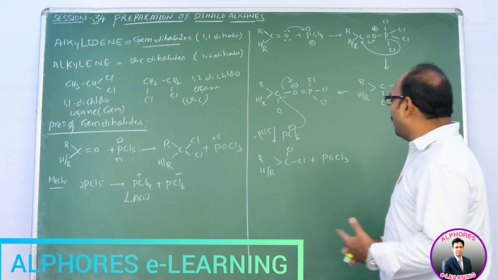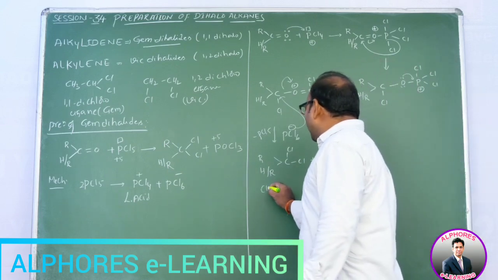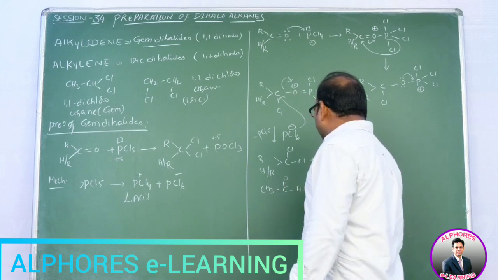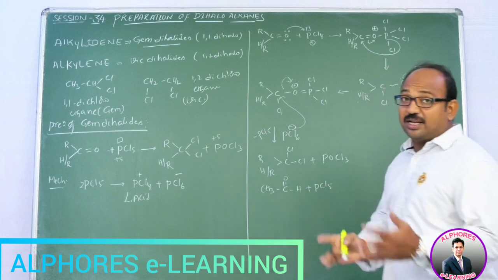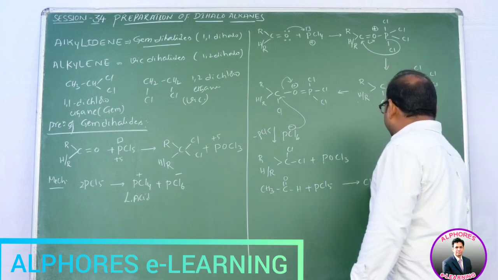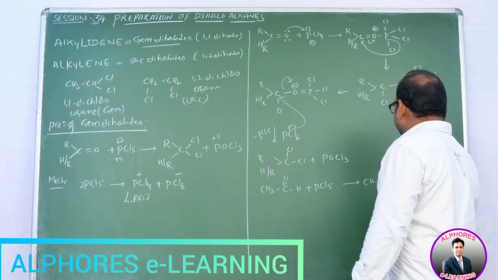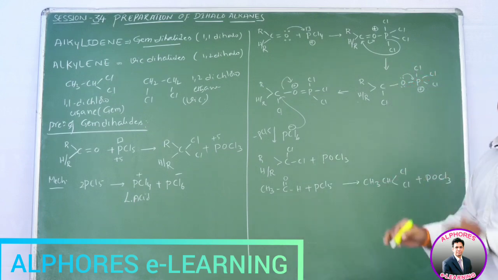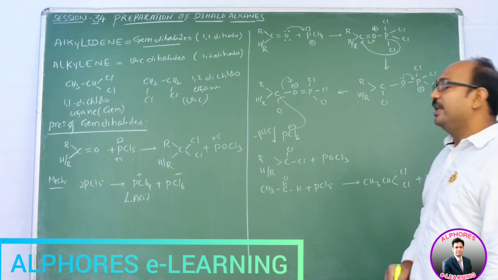Now if you are considering acetaldehyde, CH3 C double bond O H, upon reaction with PCl5, we are getting the products CH3 CH Cl Cl plus POCl3, ethylidene chloride or 1,1-dichloroethane.